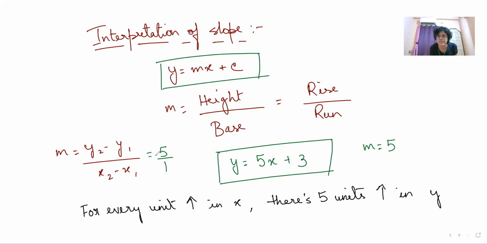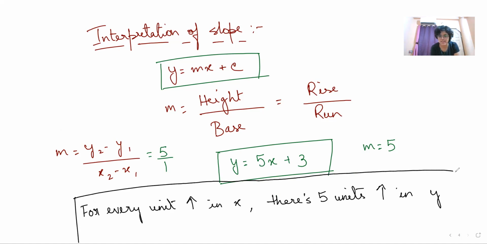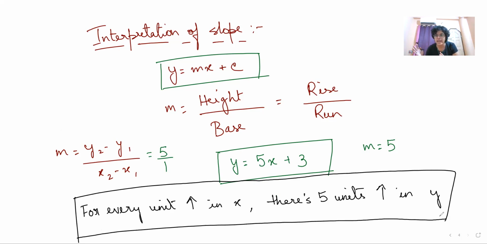If this was -5, then we would say for every unit increase in x, there's 5 units decrease in y. We are going to learn that and the different types of slope in some time. But for every unit increase in x, here there's 5 units increase in y. That's basically what slope interprets to. It's quantifying the rate of change of y with respect to the rate of change in x.